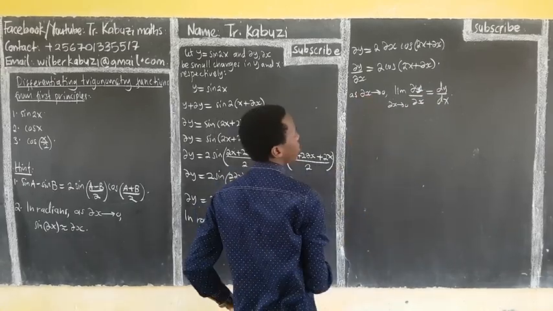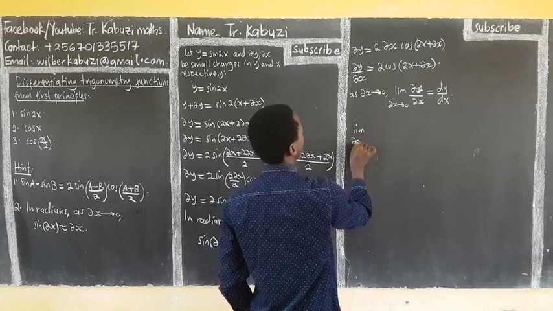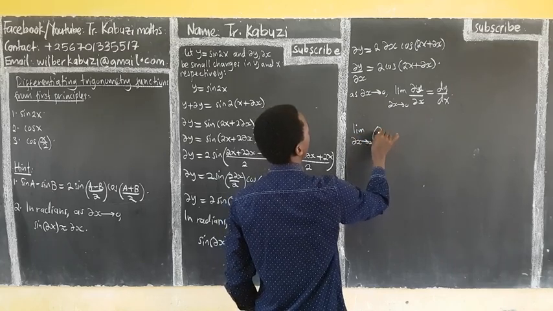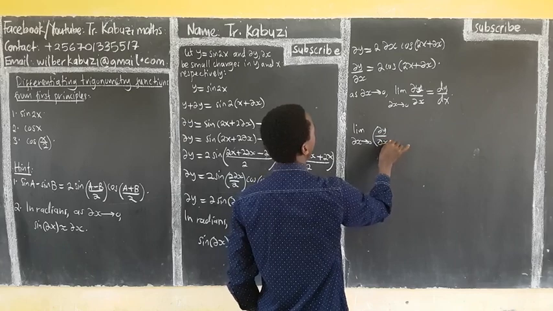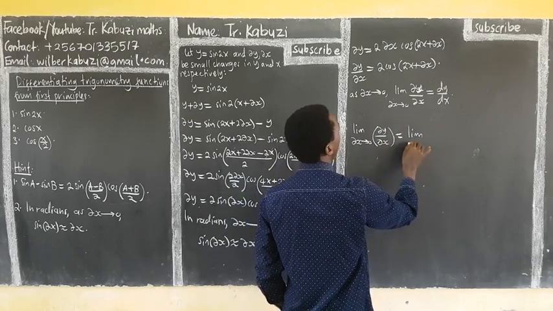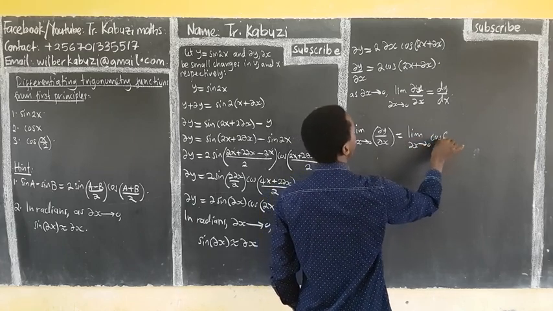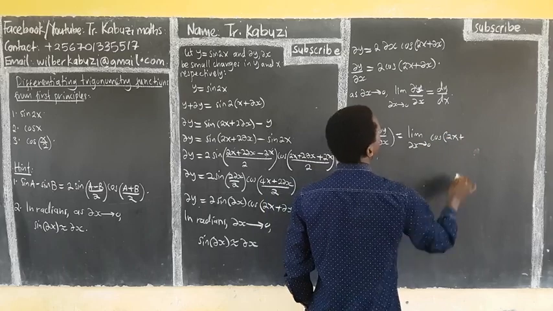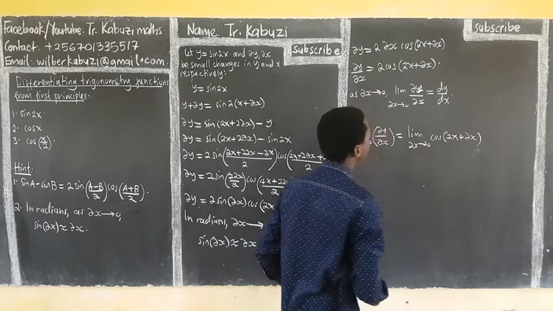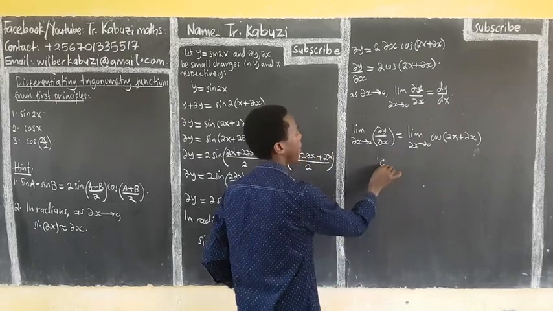From here, if I introduce the limit both sides, I have the limit as delta x tends to 0 of delta y over delta x equaling 2, and the limit as delta x tends to 0 of cos of 2x plus delta x. So this one is equal to this.